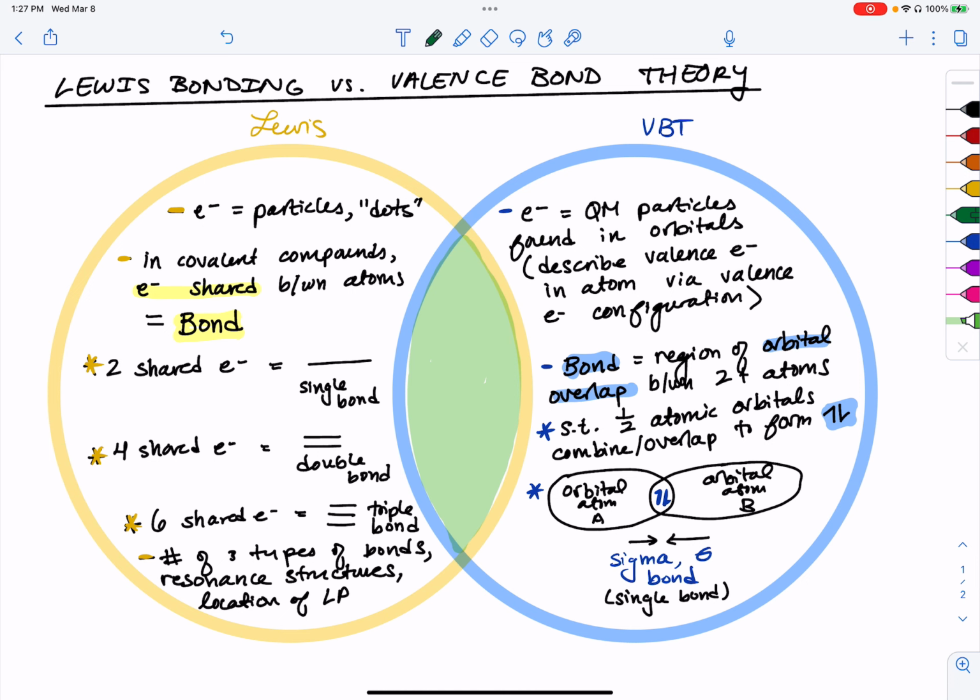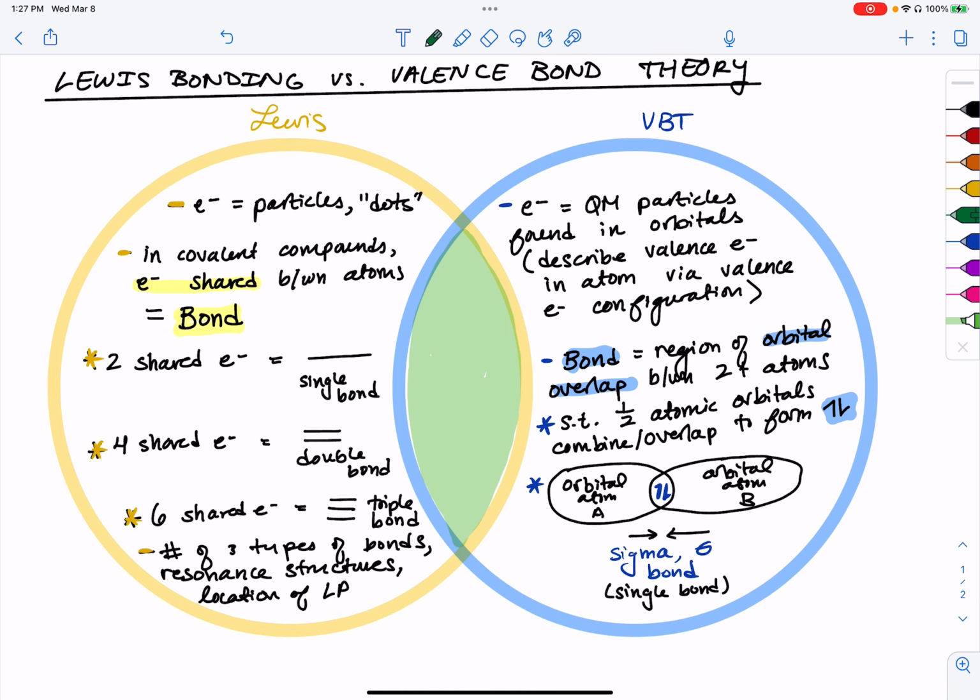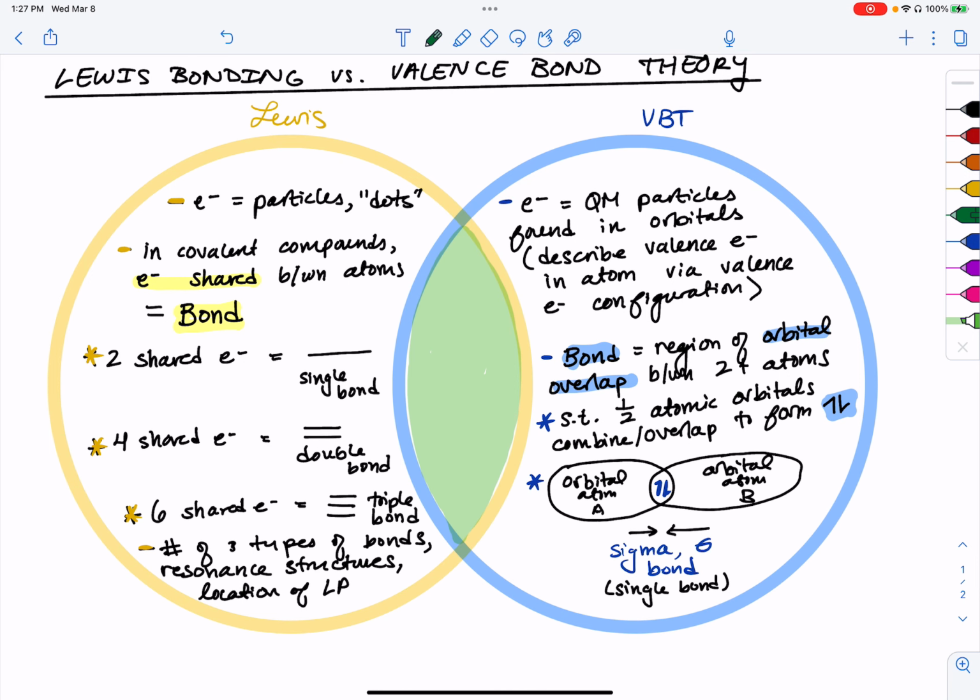So what these two models agree on is that two shared electrons, or two electrons that are now in an occupied or shared overlap space, are what constitute a single bond.